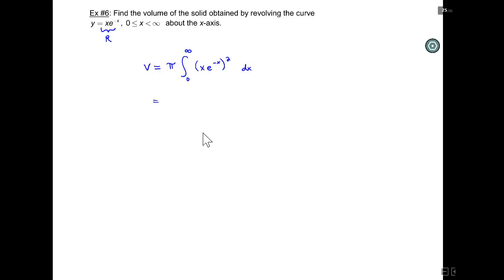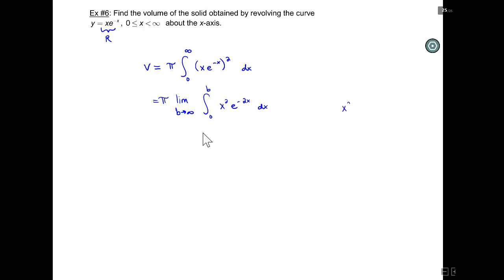Okay, so I want to rewrite this. I'm going to put pi out in front. We have the limit as b approaches infinity of the integral from 0 to b, and I'm actually just going to multiply that out: x squared e to the negative 2x dx. This could be integration by parts or the tabular method.